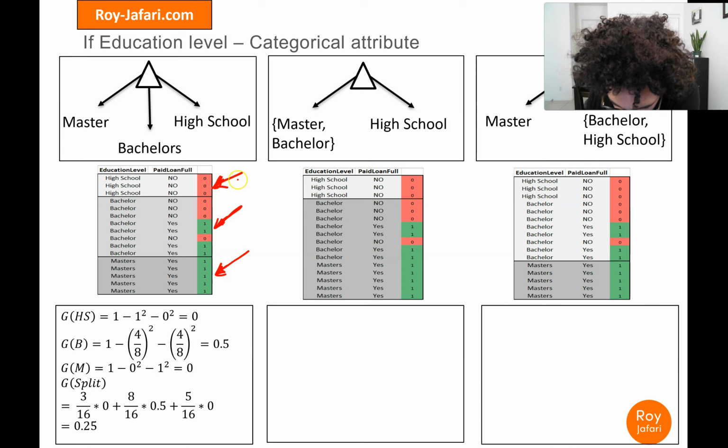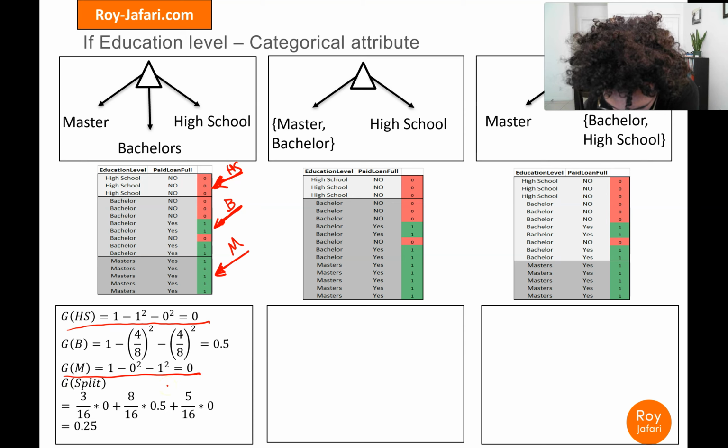This one's impurity is 0, as we saw here. This is high school, this is bachelor, and this is master. For the master, it's also 0, as you can see. And for the bachelor, the impurity is the highest it can be, 0.5, based on the Gini index.